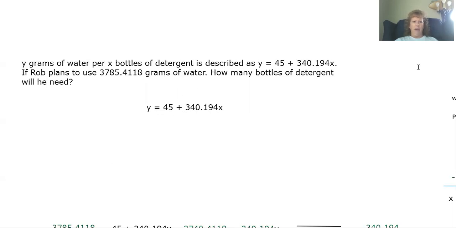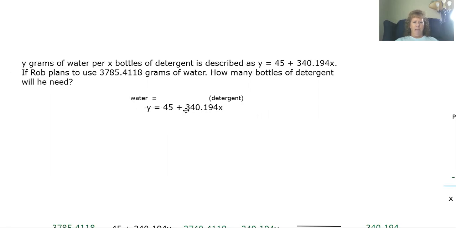So I've made a little note here that Y is the grams of water and X is the bottles of detergent. So Y grams of water per X bottles of detergent has this formula.